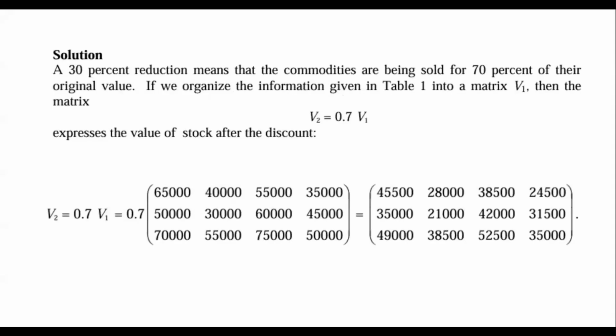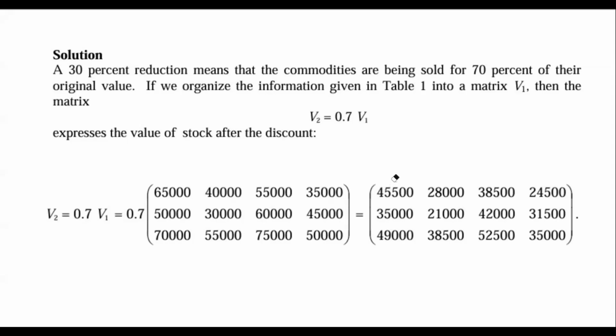It's not a tutorial, so I can't get your response. I have to give you the answer. You multiply the entire matrix by 0.7. It's like scalar multiplication. So you just multiply the whole matrix by 0.7, and this is what you get.